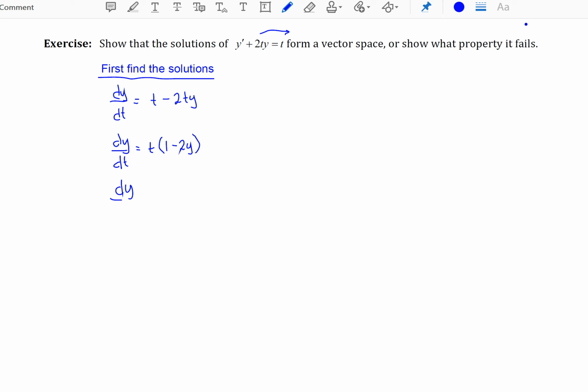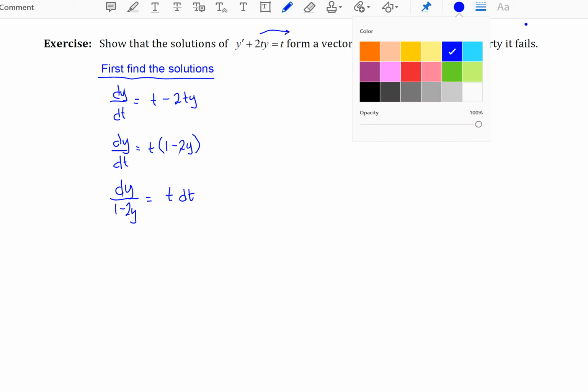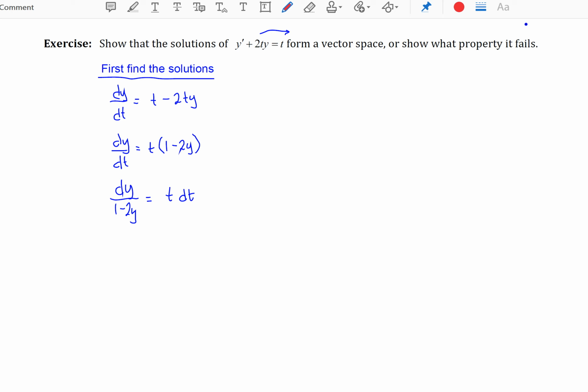We can divide to get all the y's on the left. Multiply to get the dt on the right. And then choose to integrate each side with respect to the variable that's present.